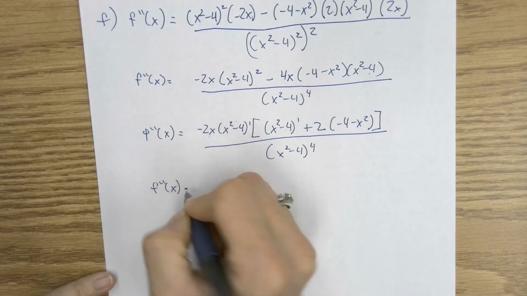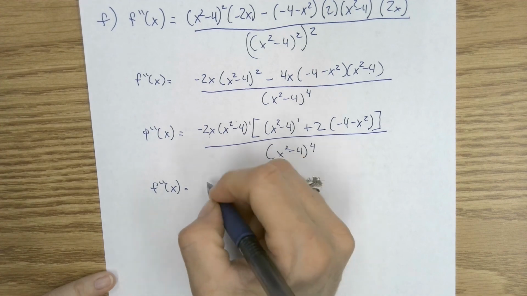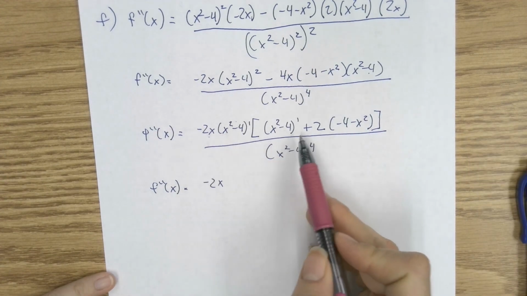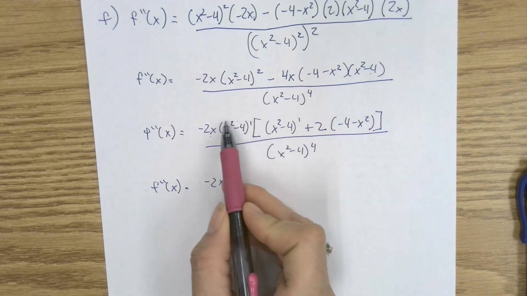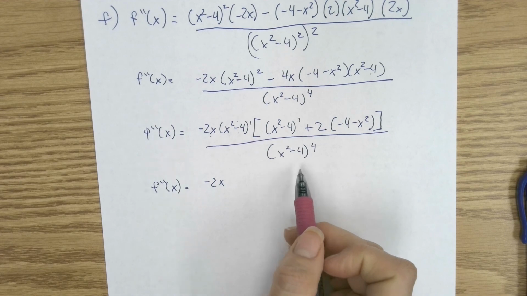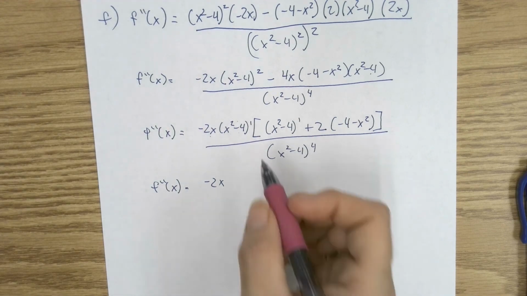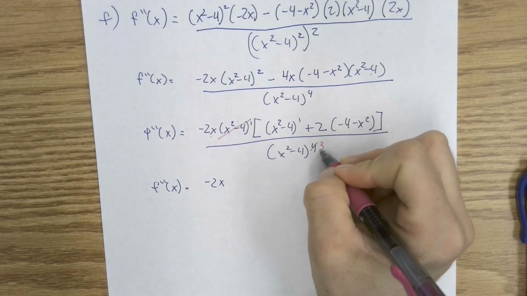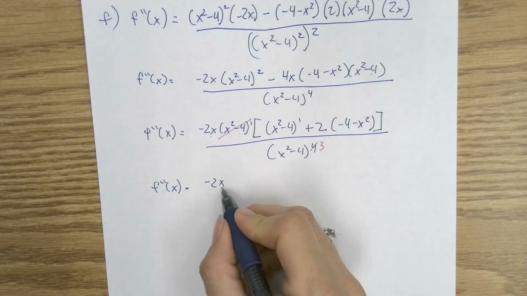Let's keep going. All right, so we've got negative 2x. This isn't in factored form now, and I do have some cleaning up to do, but I'm also noticing that this factor on the front cancels with the one on the bottom. This happens very often. So one of those cancels with one of those. And that leaves me with negative 2x.